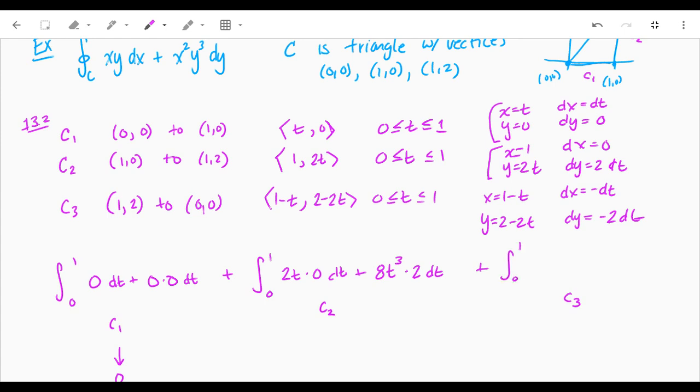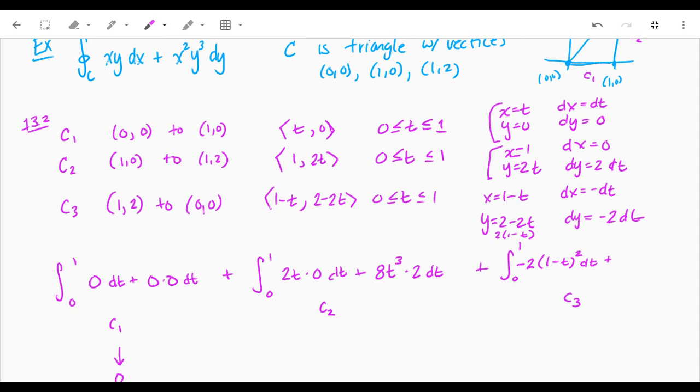again from 0 to 1, and we have xy. I'm going to write y as 2 times 1 minus t, because that 1 minus t is going to show up a lot. So xy is going to be 2 times (1 minus t) squared, and then dx is negative dt.